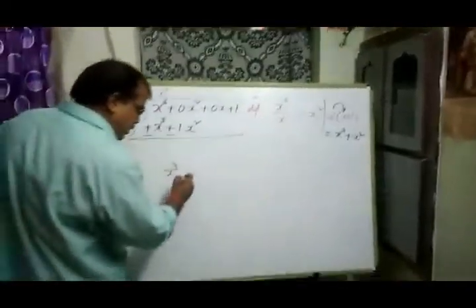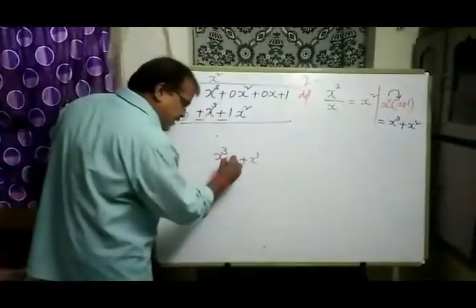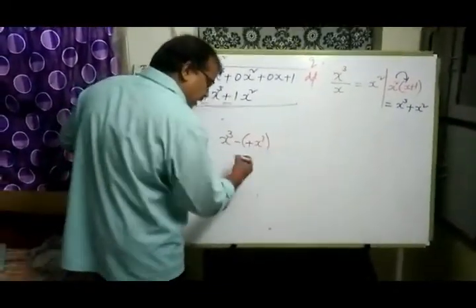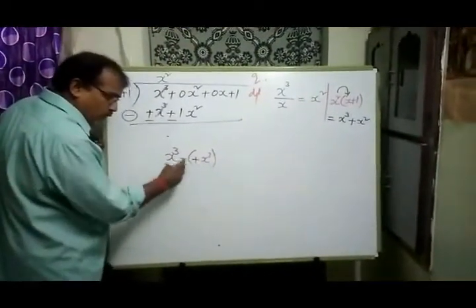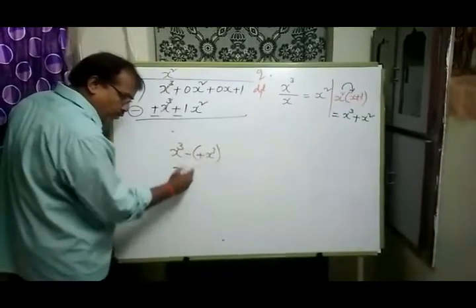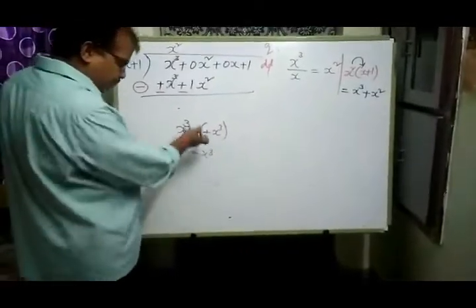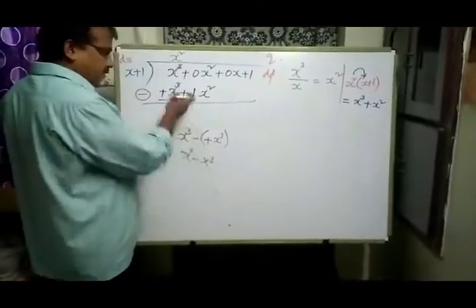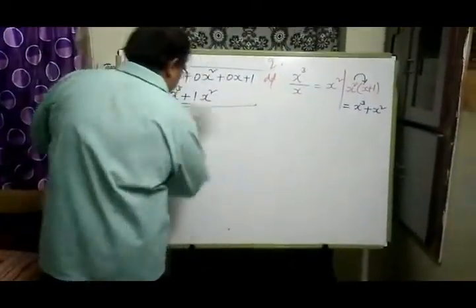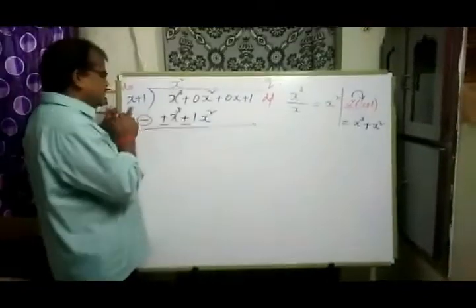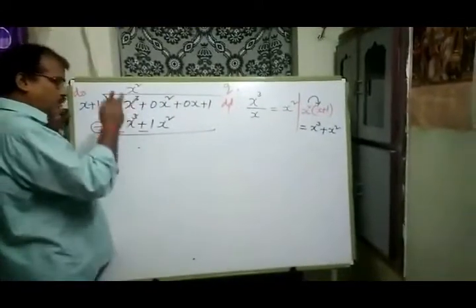This is plus x cube, again here plus x cube. The operation is minus. That's why, because of this minus, this plus will be minus. x cube, not positive, negative. Otherwise, you are already habituated to minus into plus being minus. Even then, I am explaining in the other way. So because of this minus, this plus becomes minus, this plus becomes minus. x cube minus x cube is equal to 0.